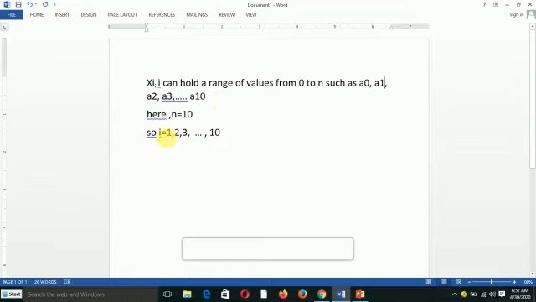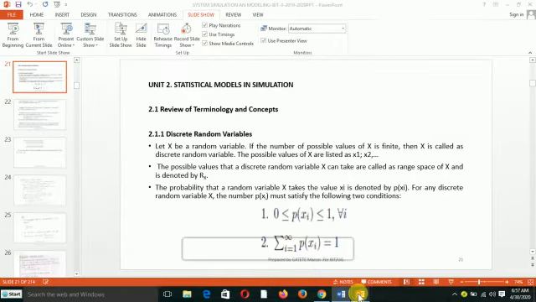So I will take the value from the range 0, 1 till 10. So this is called range of x. This is the total number of values which can be held by x. So here we are having the range space of x, and it will be denoted Rx.